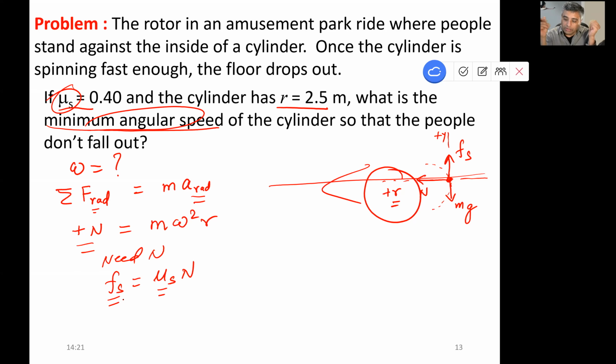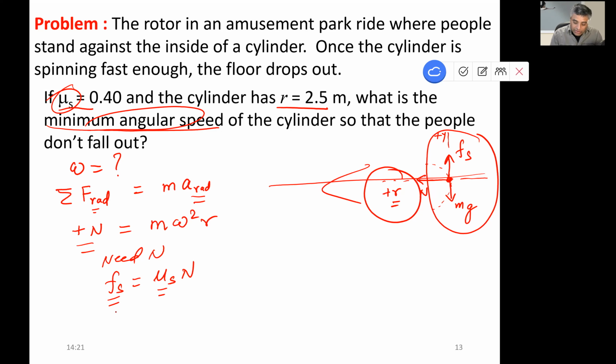For that, we need to go back and look at the free body diagram. Do we see what friction force is in the free body diagram? At least what equals friction force? Hey, I see a lot of mg. Yes, OMG, it's mg.